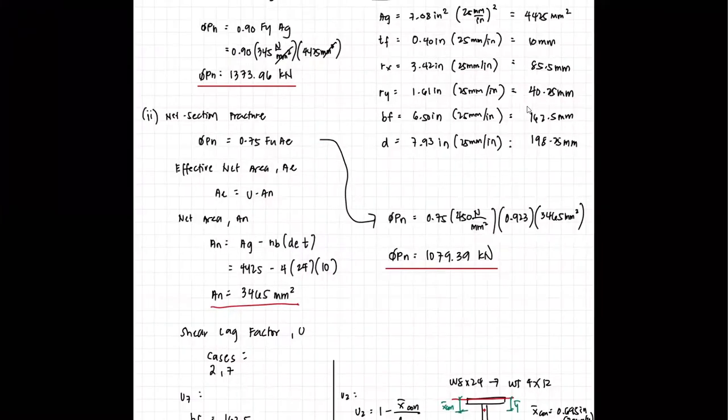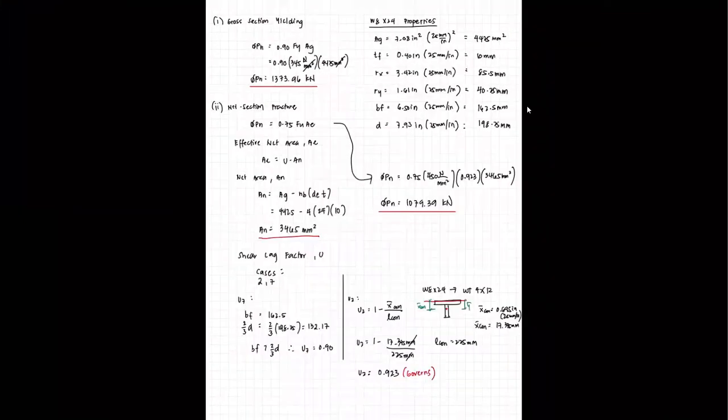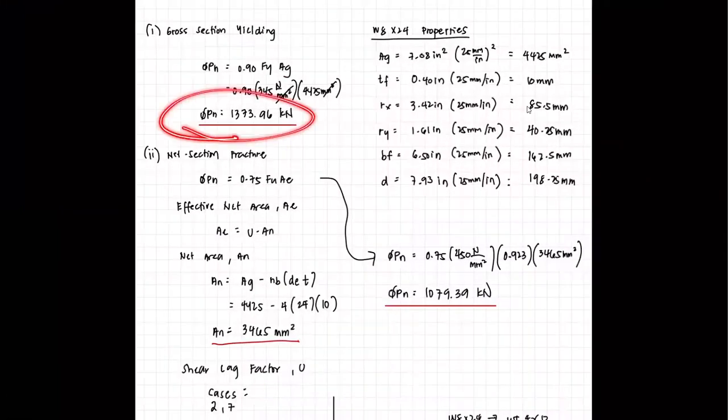Okay, so what now? Since we identified already the capacity based on the two strength limit states, we need to compare the value of this one and also this one. For design, we need to identify whichever is the most critical. In this case, the smaller value should govern.